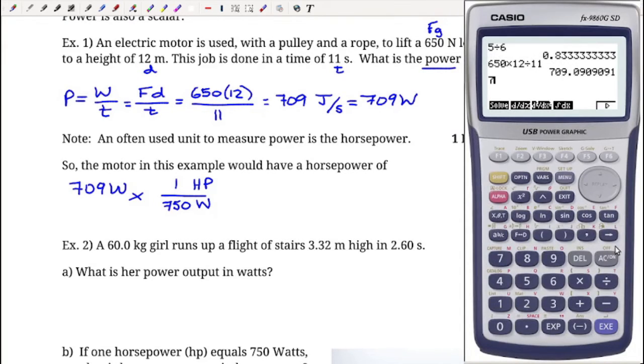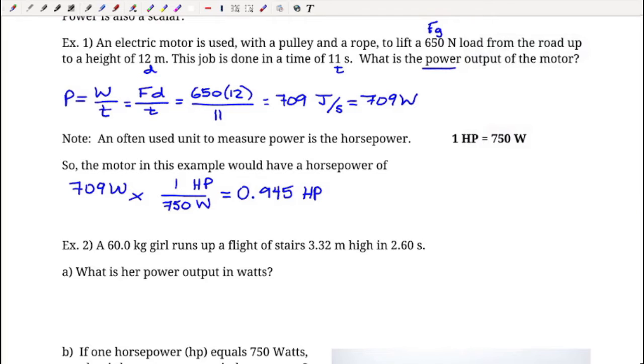So 709 divided by 750 tells me I've got 0.945 horsepower. So almost a full horsepower. In other words, this motor is doing the work of almost 1 horse. And maybe that depends on what horse you're using, if it's actually equivalent to a horse or not.